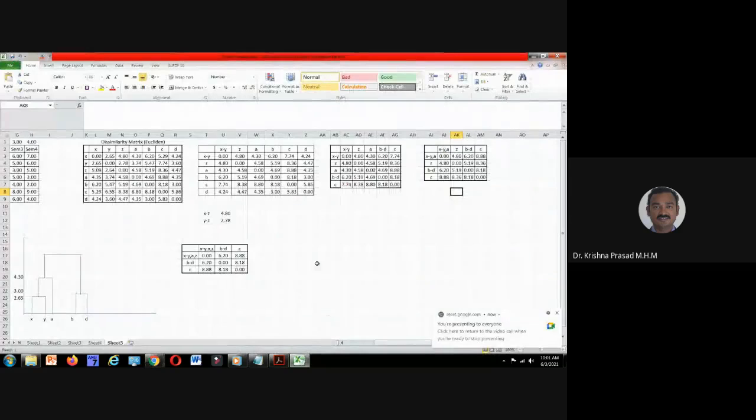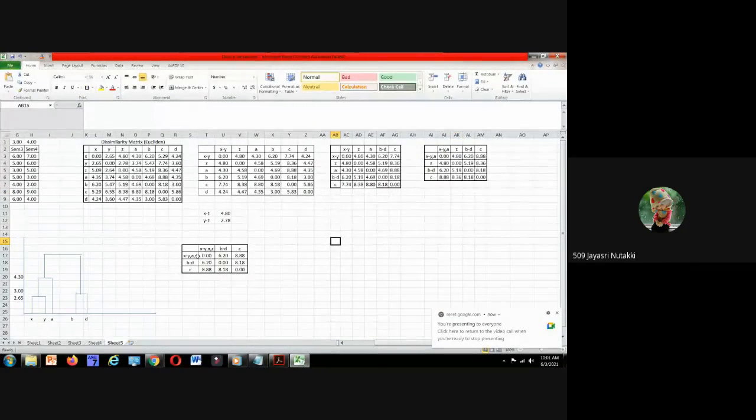What you are saying? XYA with Z at 4.80. So dendrogram is between A and B. No. Please repeat once again.